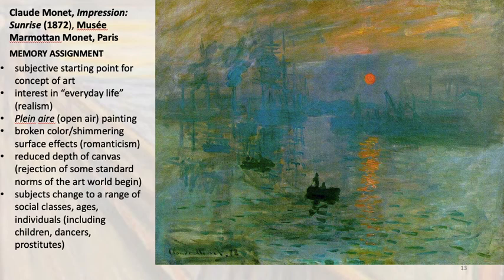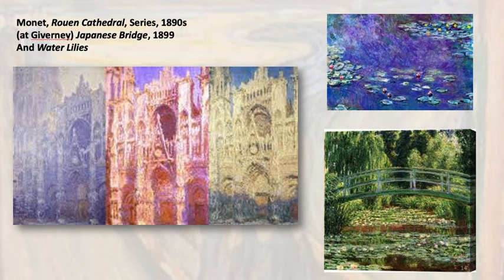But before I get there, I want to say he reduces the depth of the canvas. It's a little bit more two-dimensional almost. And the subjects change. There's more social classes, ages, and individuals, like children, dancers, and even prostitutes that happen in this period. So you can see the water lilies to the right with the ever-changing appearances.